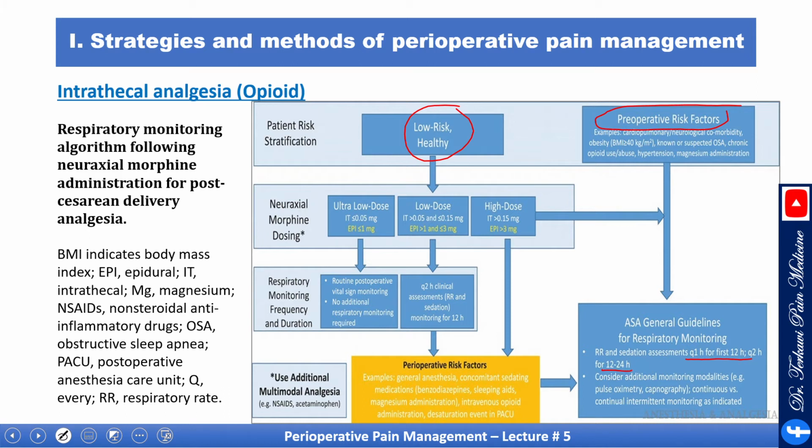Consider additional monitoring modalities like continuous pulse ox and capnography for this population as well. And look for extra perioperative risk factors. For example, we mentioned in the previous slide, the general anesthesia, concomitant sedation like benzo, and intravenous opioid.